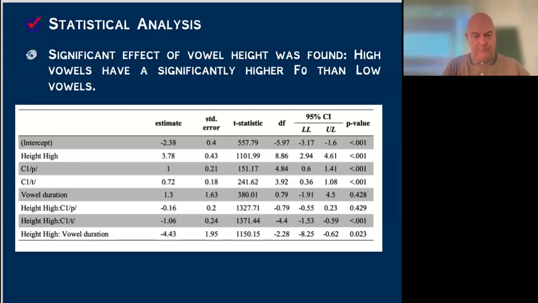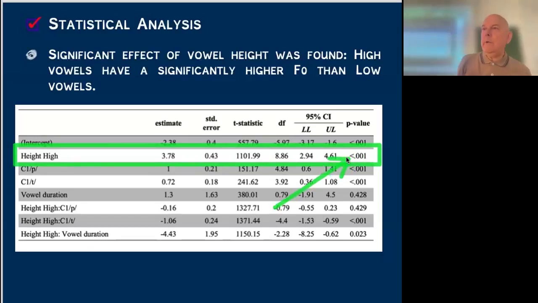And that's basically seen here. So the high vowels have a significantly higher fundamental frequency with respect to the low vowels that were used as a reference in the assessment. So I think that is the most important conclusion from this particular analysis.